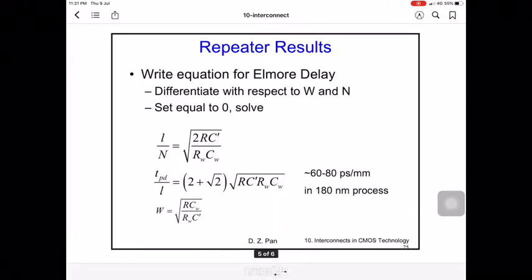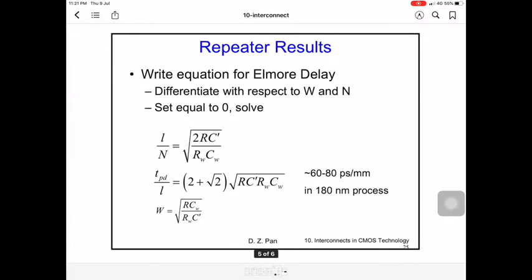So let's look at what is the actual size of the repeater. Here is the derivation for the size of the repeater. What is important here is you do not need to know how to derive it, but to know the size of the repeater.